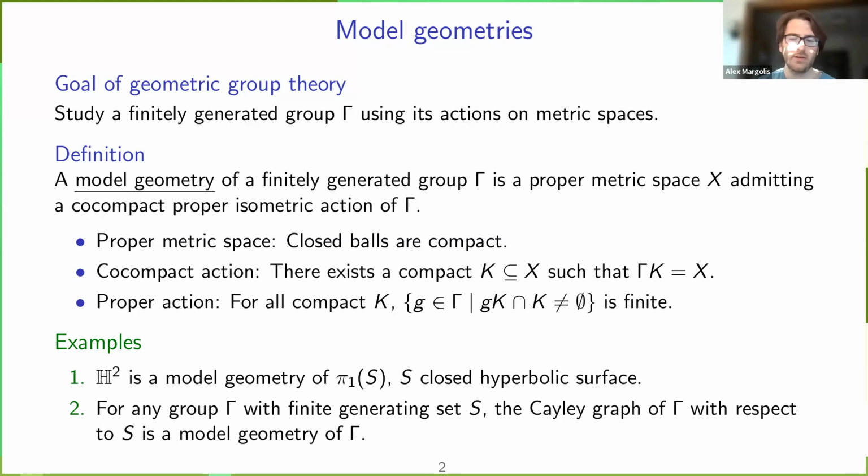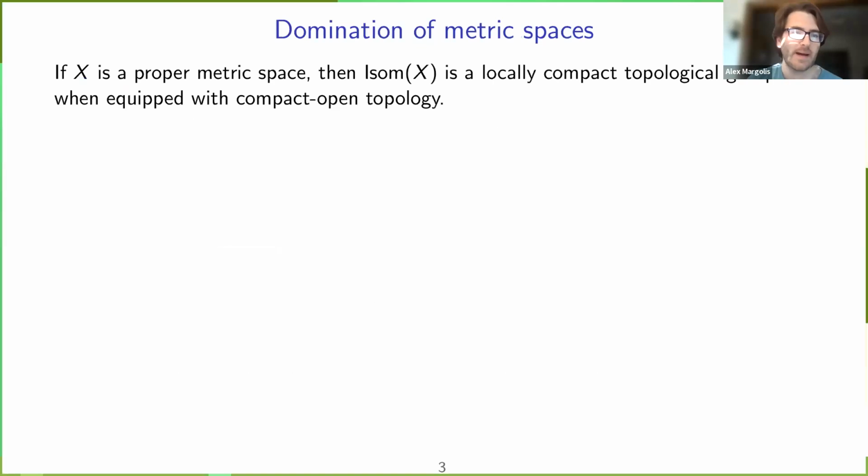And so the goal of this talk is to understand to what extent finitely generated groups can have model geometries that look a bit more like H2 and aren't just graphs, aren't just the Cayley graphs of the group, essentially. So to make this precise, we have to talk about the notion of domination of metric spaces, which I will define.